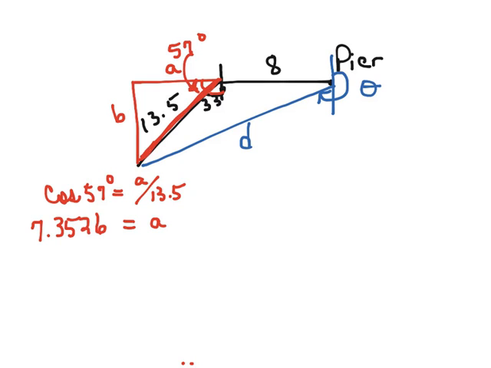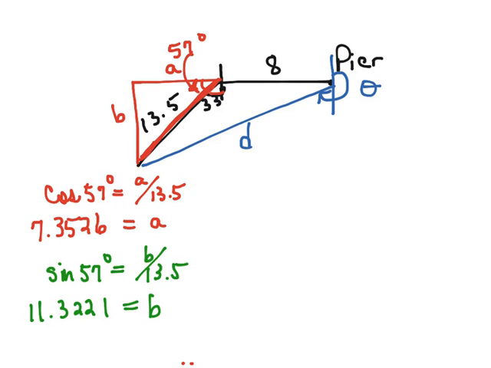And now to find B, B is opposite our 57-degree angle. So we're going to say the sine of 57 degrees would be the opposite leg, which is B, divided by 13.5. So B is going to equal 13.5 times the sine of 57. And so B is 11.3221.